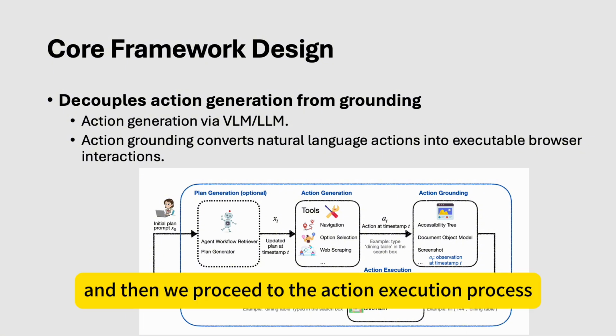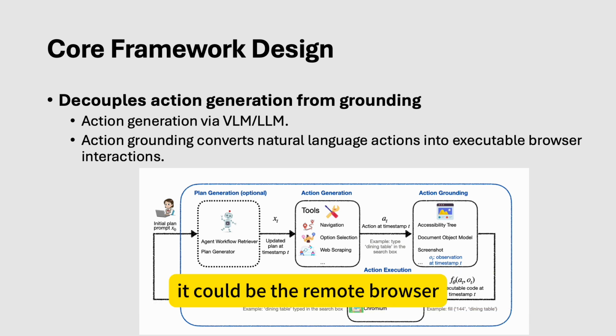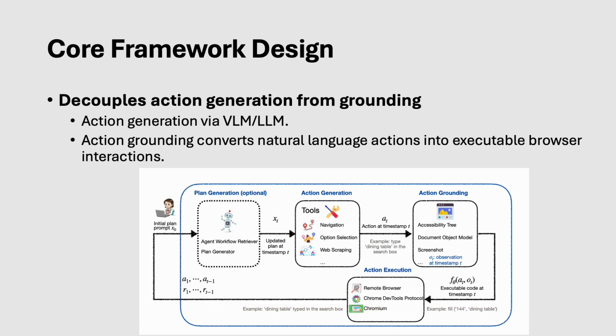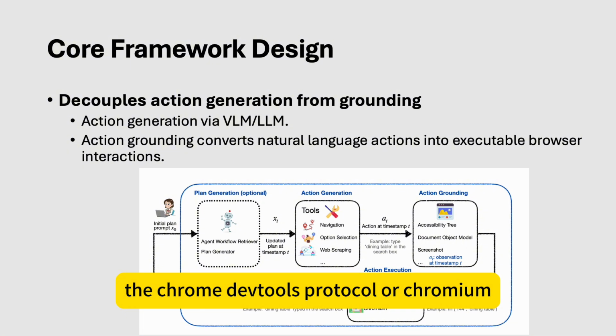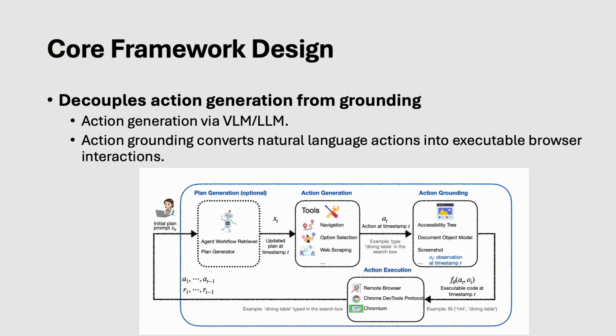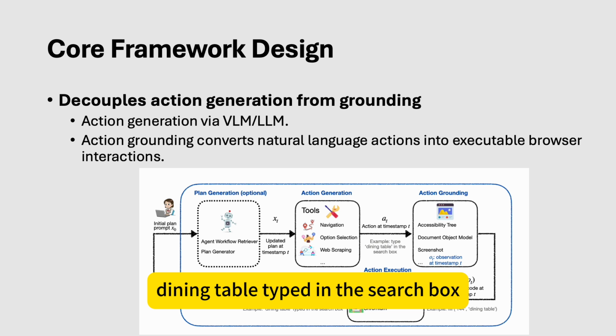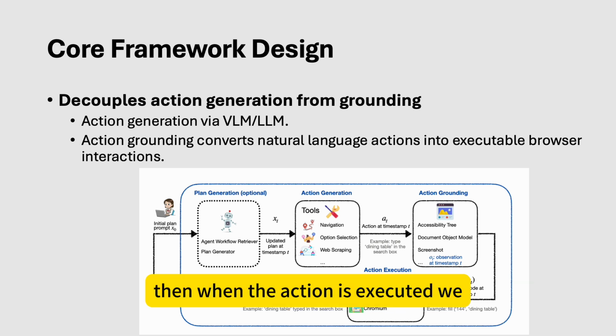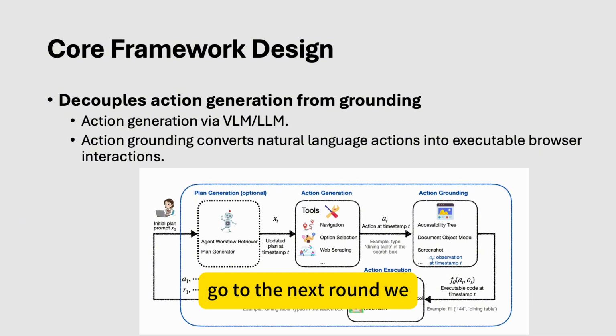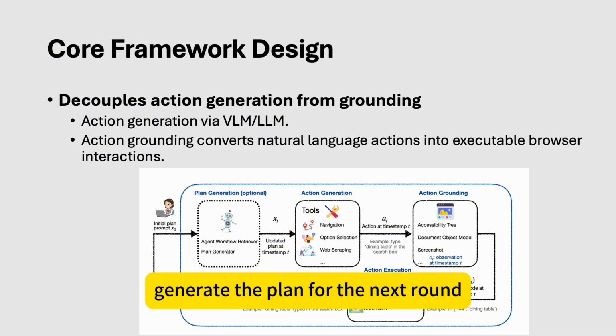And then we proceed to the action execution process. It could be the remote browser, the Chrome Developer Tools protocol, or Chromium. And the example could be dining table typed in the search box. Then when the action is executed, we go to the next round. We generate the plan for the next round.